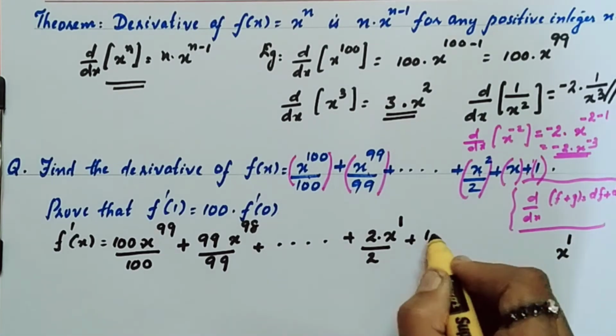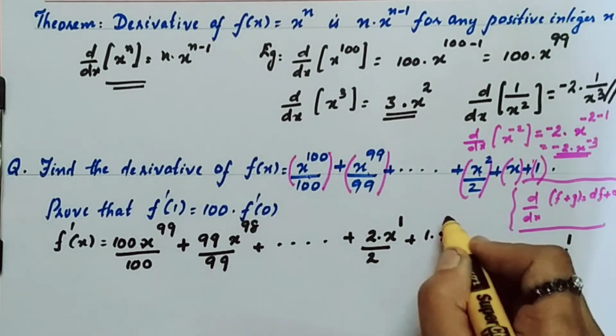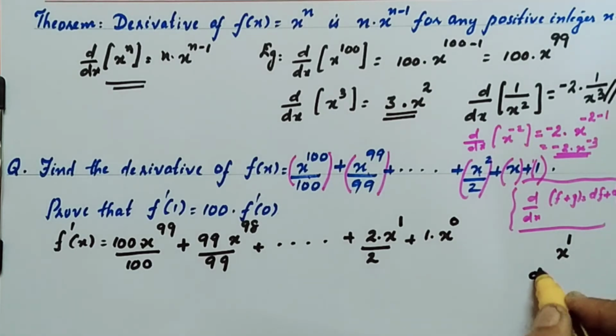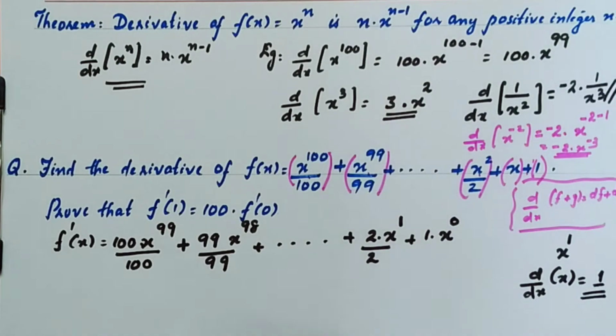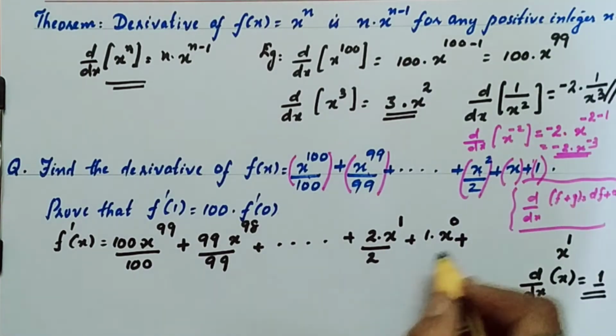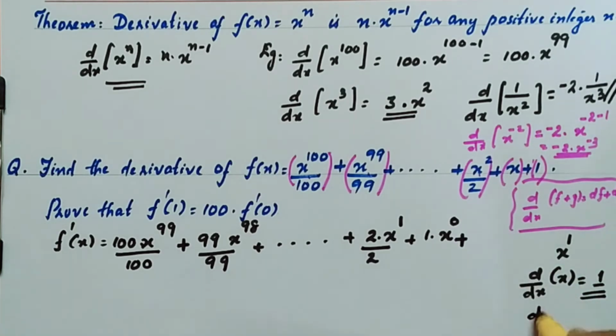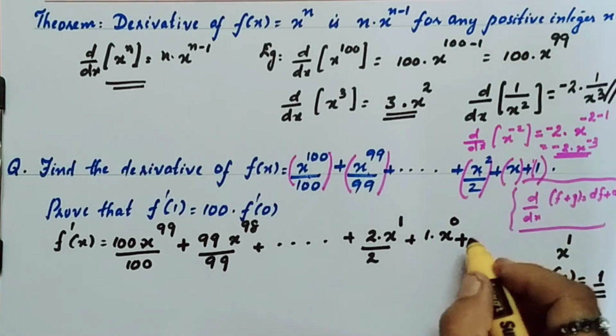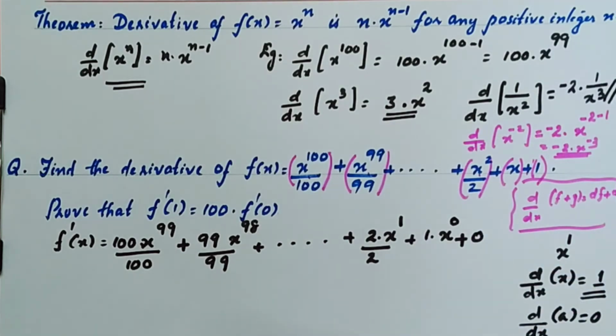So the power 1 into x raised to power minus 1, that is 0. Or otherwise you can think of this as a linear function. The derivative of a linear function is the coefficient of the variable x, that is 1. That way also we can find. Plus the last one is 1, that is a constant. We studied that the derivative of a constant is 0. So 1 is a constant, so its derivative is 0.